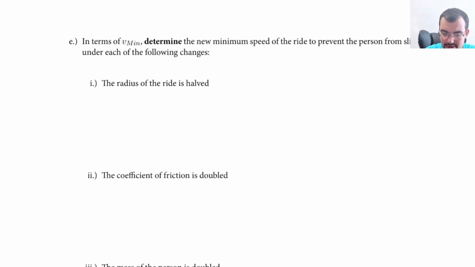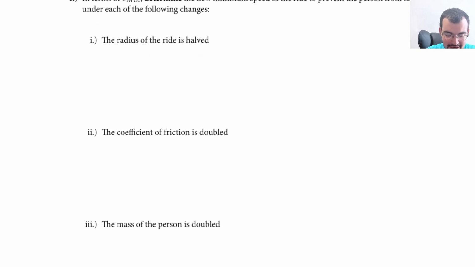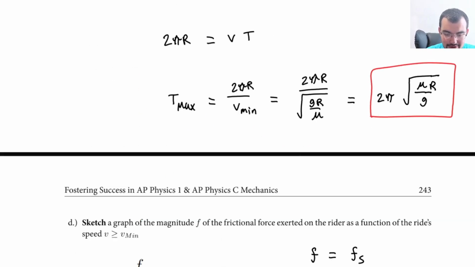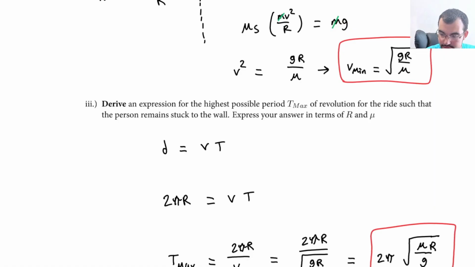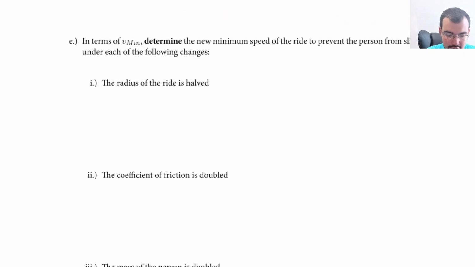In terms of Vmin, determine the new minimum speed of the ride required if we halve the radius, double the coefficient, double the mass. Okay, this is our expression, square root gr over mu. Let's space it out more because we're going to do multipliers.